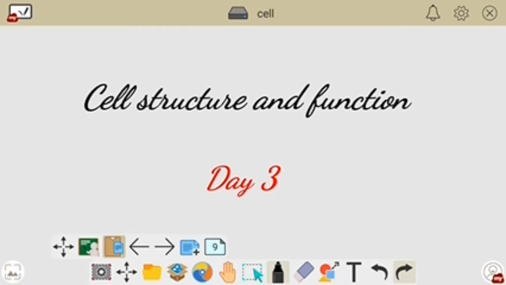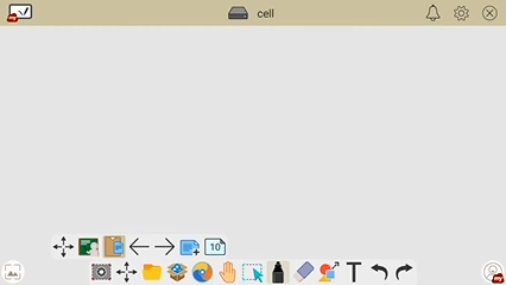So today we are going to start with the different types of cells. As you all know, all living beings are made up of a basic thing. What is the basic thing? The basic thing is the cell.